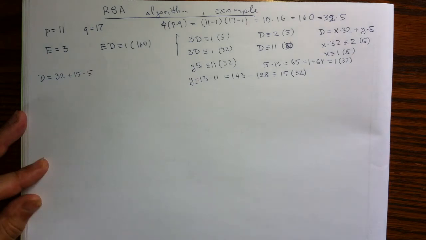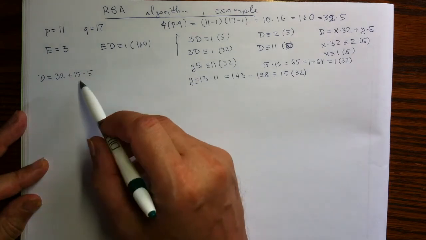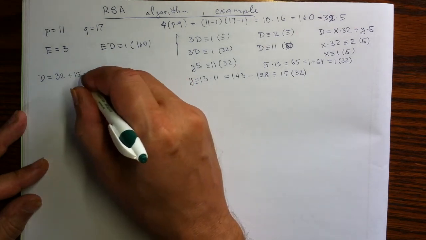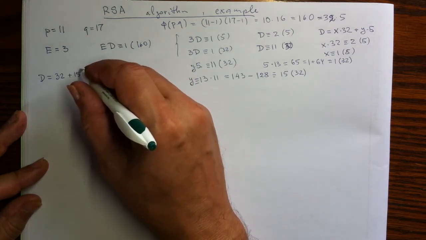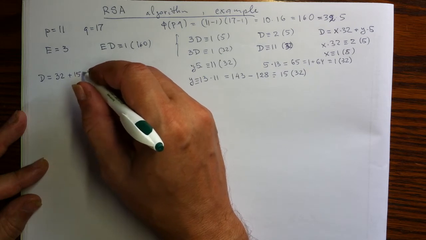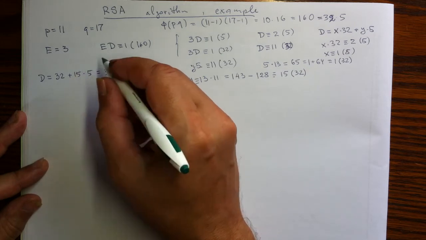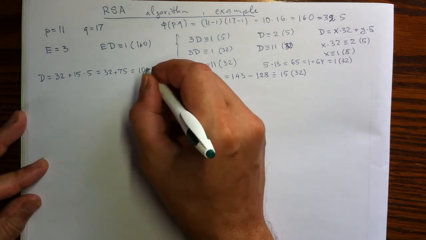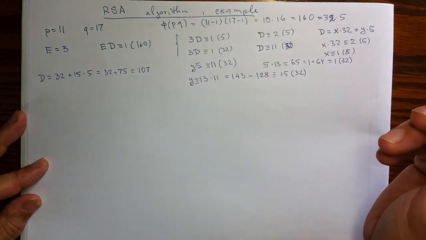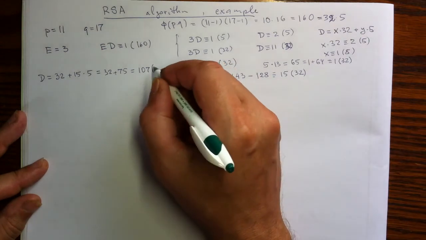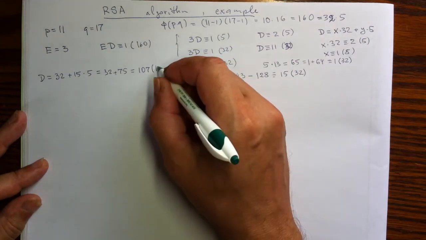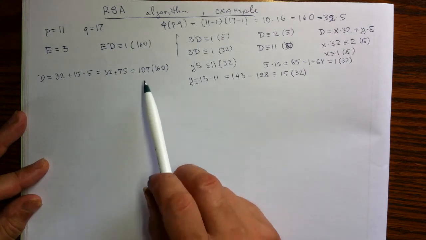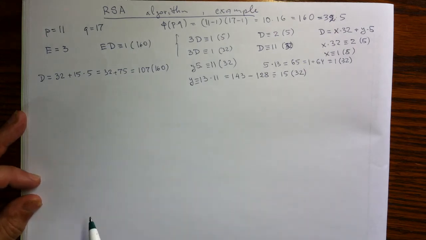So that is going to be what? 15 copies of 5 or 5 copies of 15 better is going to be 75. And so I have 107 modulo the composite modulus 160. So that is my decryption key. That is going to be my decryption key.